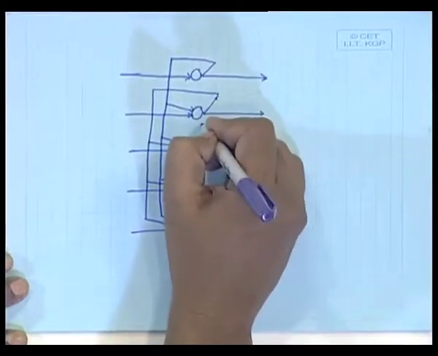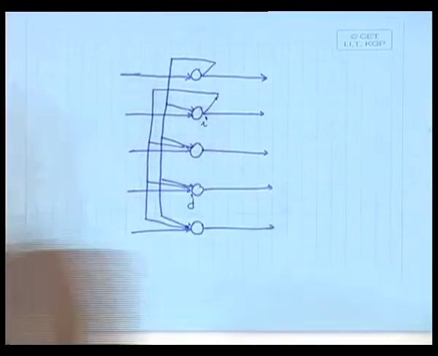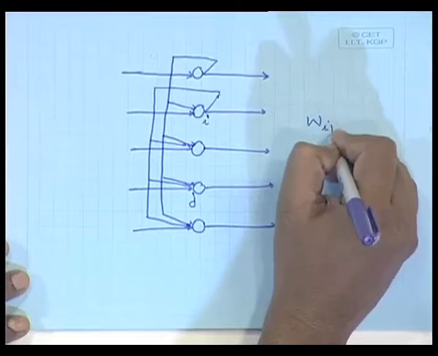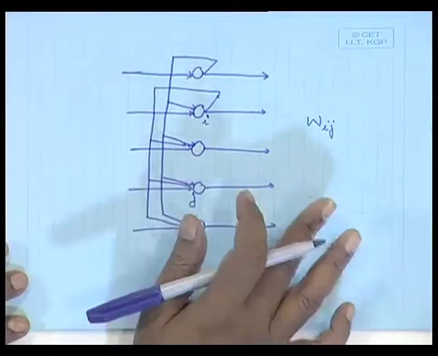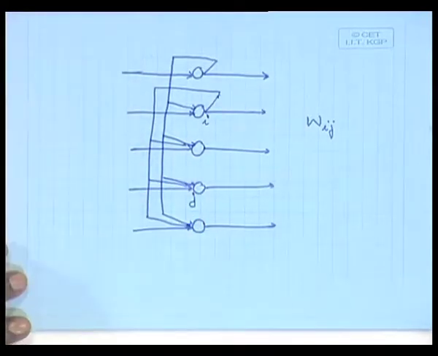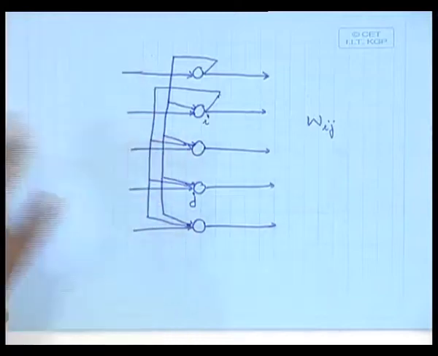As before, the output of the ith node is connected to the input of, say, the jth node via a connection weight wij. And this is the same connection weight which is used for connecting the output of the jth node to the input of the ith node. So, wij and wji are the same.